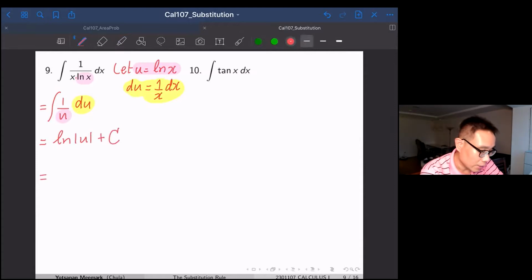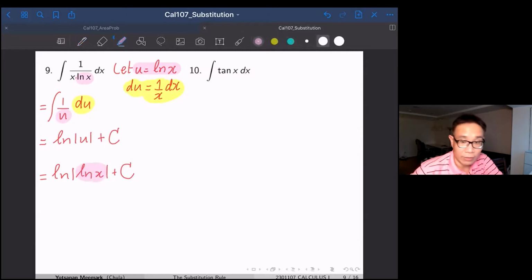And this turns out to be log of log x plus c. This one will be your final answer. So you have u and you have log u. That's all for this one. It's still difficult, but it's actually easy.